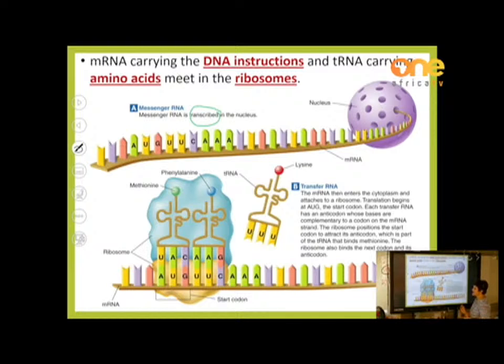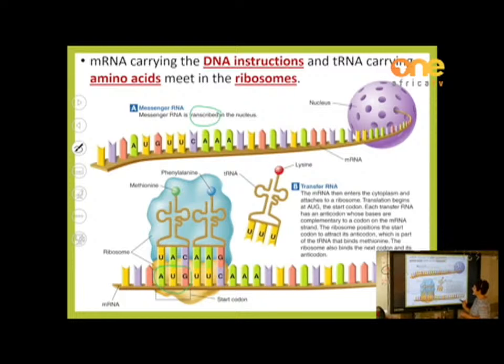Inside the ribosomes, which is the factory of proteins, the codon of the mRNA will be translated by tRNA.